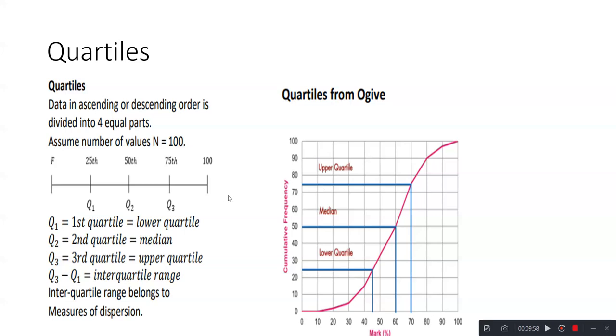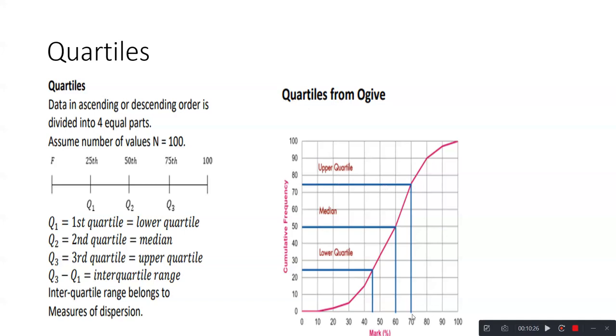The upper quartile is going to be three quarters of n, the 3/4 of nth position. So 3/4 of n, that is 75%. So I go to 75, I get 75 here and move to the ogive curve.